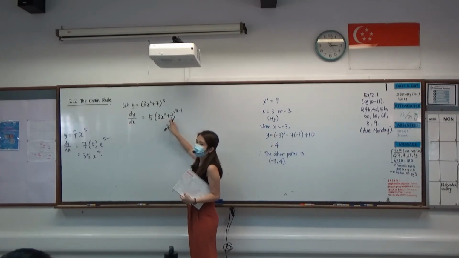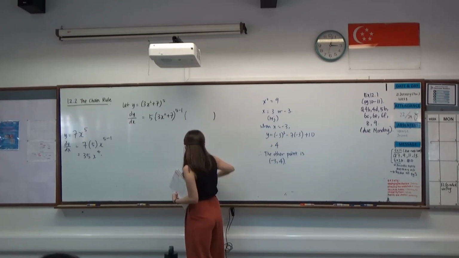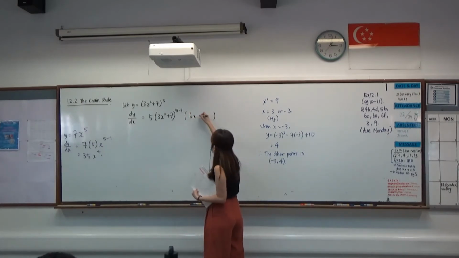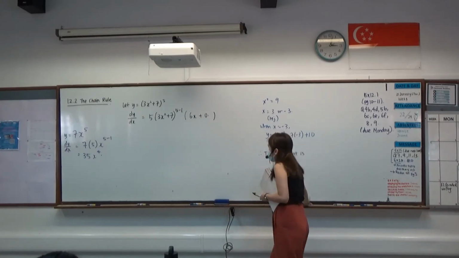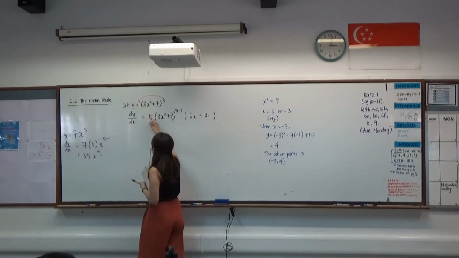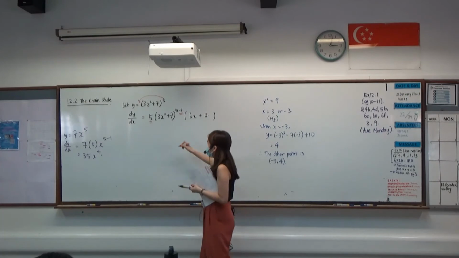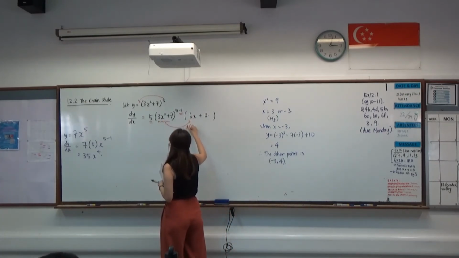So 3x squared plus 7 itself got to be differentiated, and then you multiply it, so 9x, sorry, not 9, what am I doing? 6x, plus 7 is 0. Okay, so bring down the power, minus 1, and then after that, this thing here, differentiate.